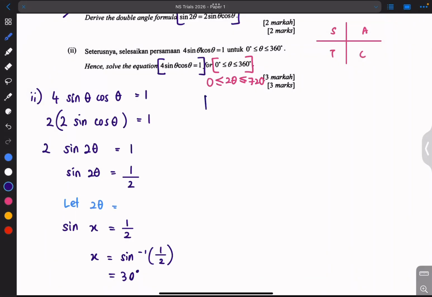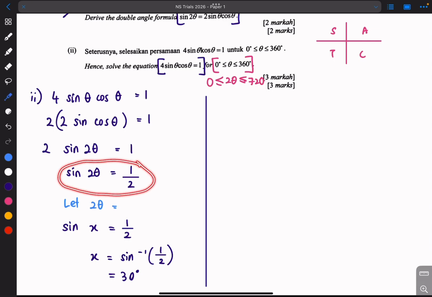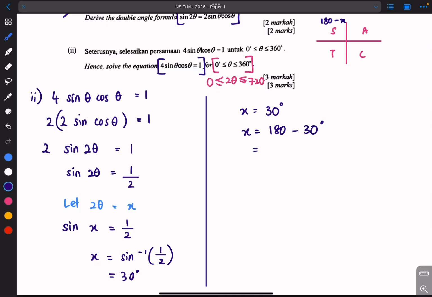Okay, so this will be our reference angle. So our reference angle is 30, and here our sine theta is positive. So if sine theta is positive, our answer would be in this quadrant and this quadrant. So we can say x is in the first quadrant, which is 30. x is also in the second quadrant. Second quadrant, the formula is 180 minus x. So 180 minus 30 will give us 150.